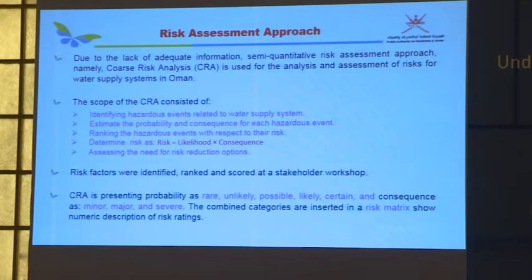The scope of the CRA consists of identifying hazard events related to the water supply system, estimating the probability and consequence of each hazard event, ranking the hazard events with respect to their risk, and determining risk, where risk equals likelihood multiplied by consequence, and assessing the need for risk reduction options. All this was discussed in the workshop, and we agreed to use this approach, the CRA, to identify all the risks.